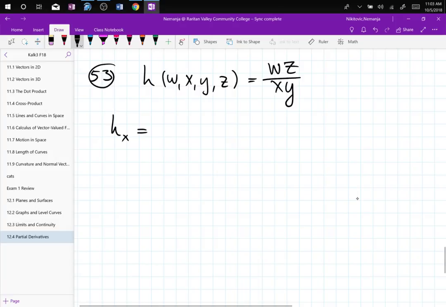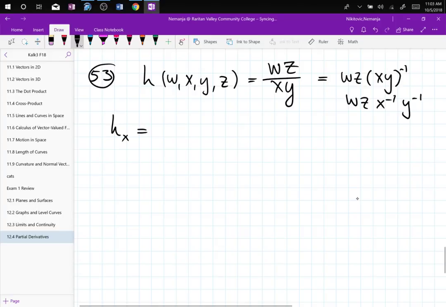I just realized that I said something terrible. I said quotient rule. Please don't use quotient rule. You have single x, single y, single w, single z. This can be very easily written as wz xy to the minus 1, which is wz x to the minus 1, y to the minus 1.